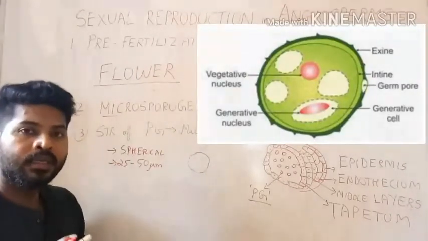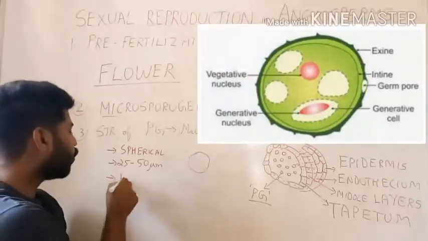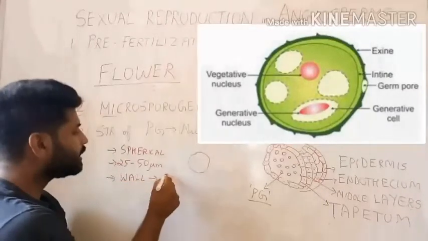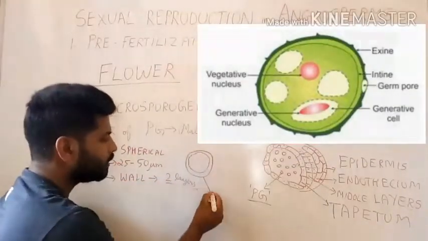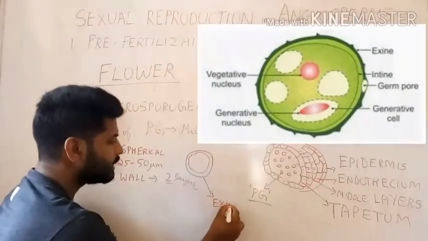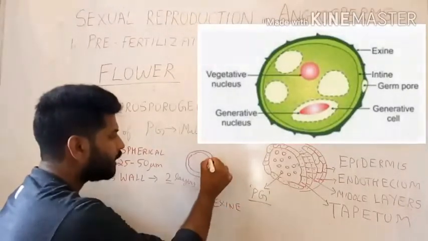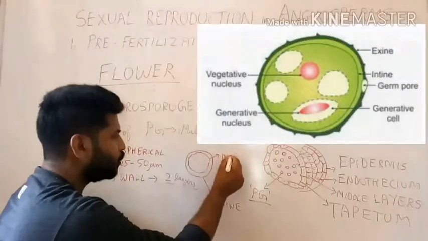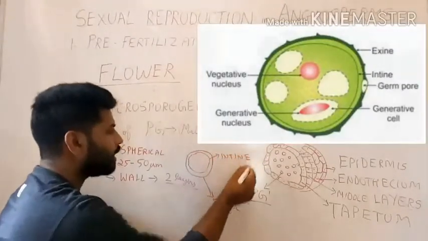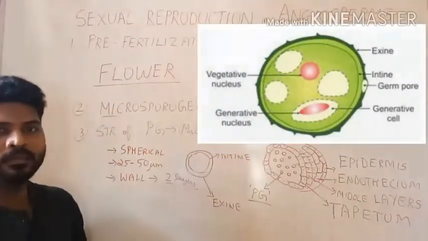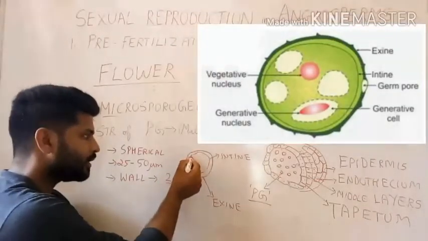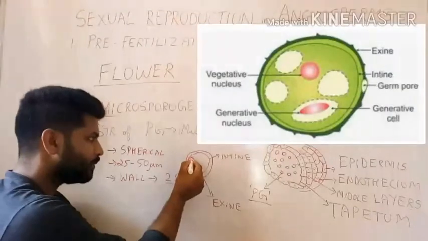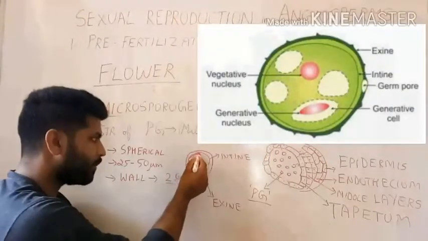The pollen grain is made up of an outer wall which contains two layers. The outer layer is called the exine and the inner layer is known as the intine. Inside the intine layer, the cytoplasm is surrounded by a plasma membrane.